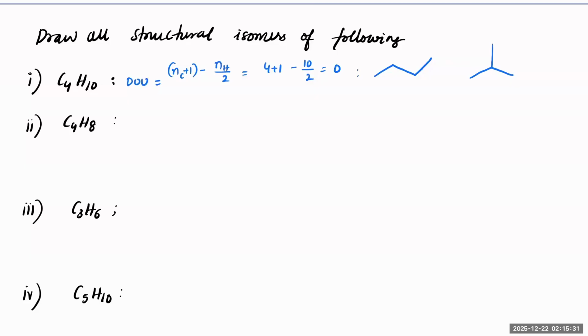Now notice the next one. If you have C4H8, this time the degree of unsaturation will be equal to 1. C4H8. So one pi bond can exist, or I can keep one cyclic ring as well.